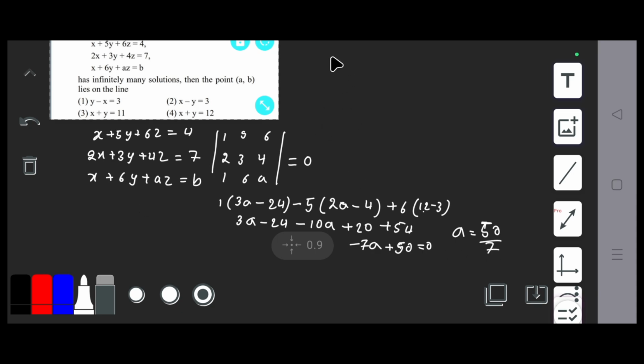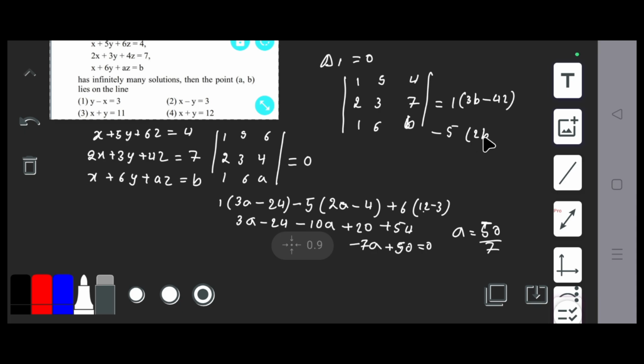Now find the b value. Delta 1 must also be 0, where delta 1 has rows 1, 5, 4; 2, 3, 7; 1, 6, b. So 1 into (3b minus 42), minus 5 into (2b minus 7), plus 4 into (12 minus 3), which is 4 into 9.